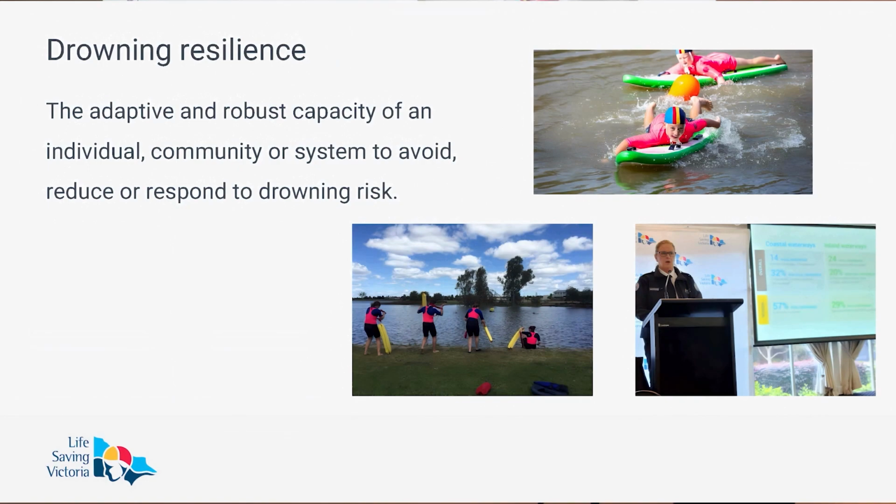So drowning resilience is about adapting processes and the ability as a community to adopt a process to assist your entire community, your fellow neighbour, your friend, your brother, your sister, your auntie, your uncles, your mum, your dads, in preventing any drowning occurrences.